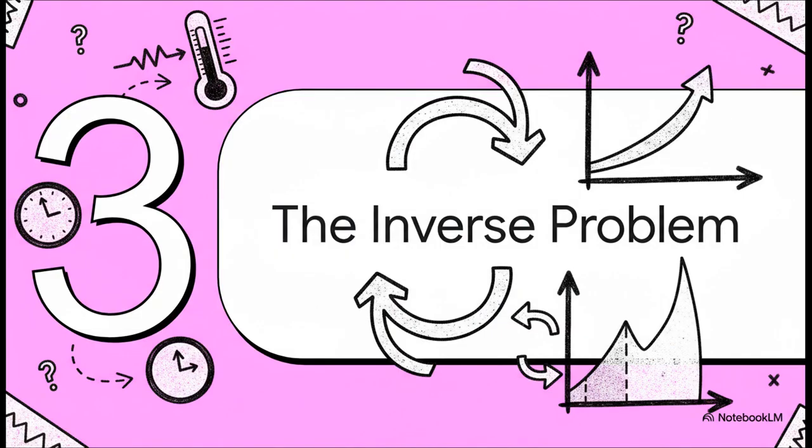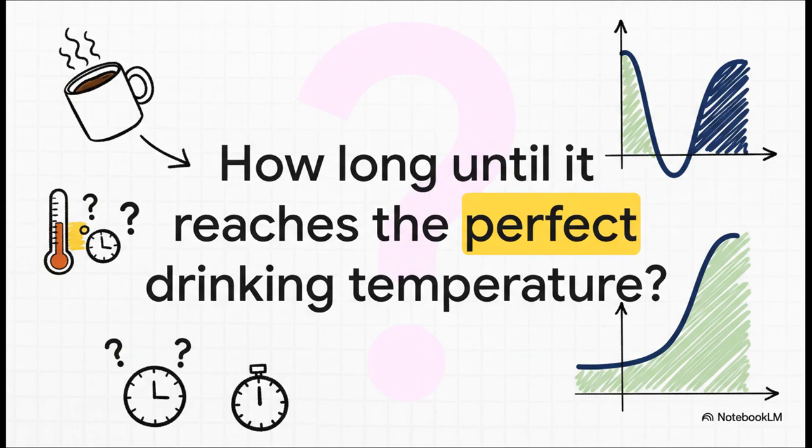So, exponentials are fantastic for telling us what the temperature will be after a certain amount of time. But what if we flip the question around? This brings us to what we call the inverse problem. Let's go back to our coffee. We know how to figure out its temperature after, say, 10 minutes. But what if what we really want to know is the opposite? At what exact moment does it hit that perfect drinkable temperature?